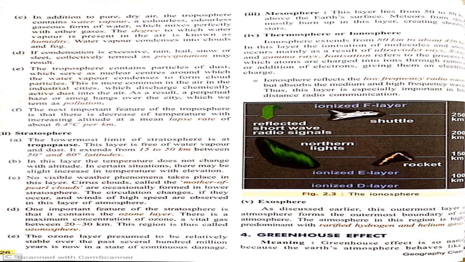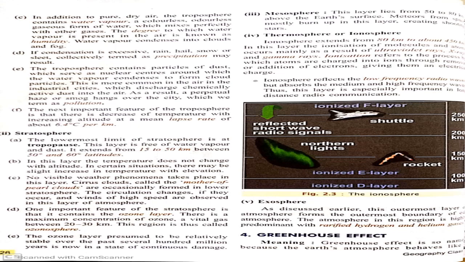Now there is a maximum concentration of ozone, a vital gas, between 20 to 30 kilometer, and this region is thus called ozonosphere. So we saw that stratosphere extends from 15 to 50 kilometer, between 50 and 60 latitude, and this ozonosphere is between 20 to 30 kilometer.